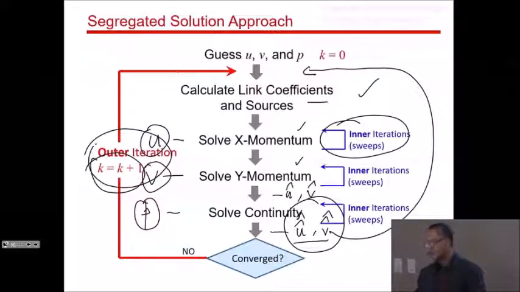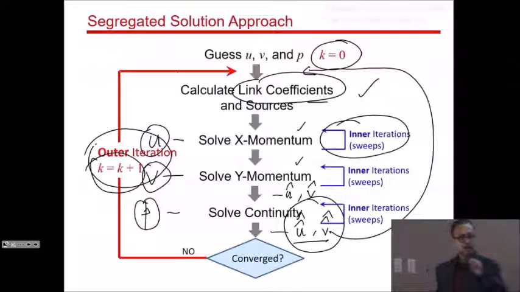Yes, here you have a new velocity field, but these link coefficients are still based on what you guessed here. Remember, you have a U times U, U times V. Only one of those U's or V's or W's is updated. The other one is still the old value.